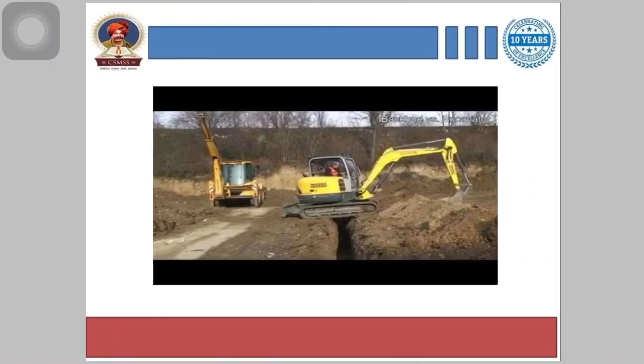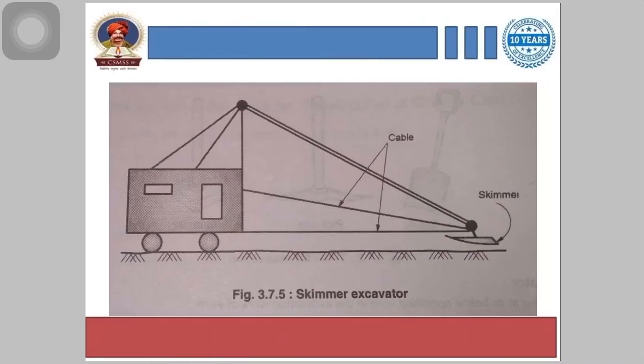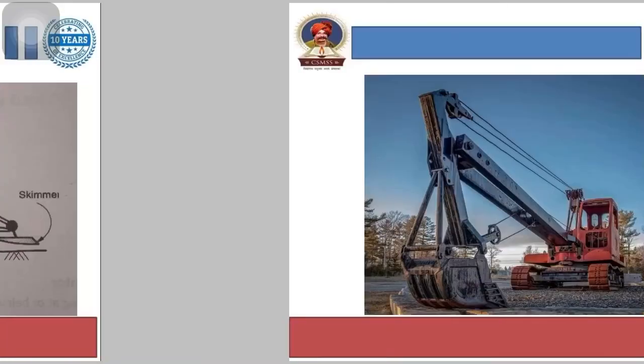In this way it carries out its work of excavating the foundation trenches. Next is the skimmer excavator. It is used for surface excavation and leveling. Equipment like hammer, nails, and wedges are required for timbering and strutting in this case. This is the image of a skimmer excavator.